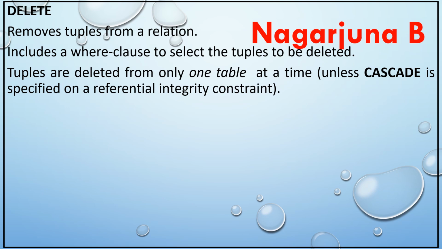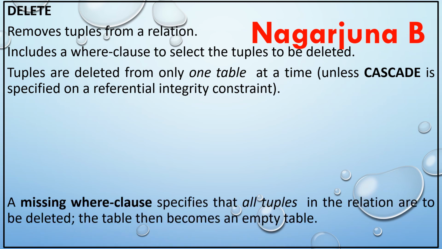Tuples are deleted from only one table at a time unless a cascade option is specified on referential integrity constraints. If at the time of creation the cascade has been specified, then it will be deleting all the values with respect to the tuple which you are deleting from a relation or a table.